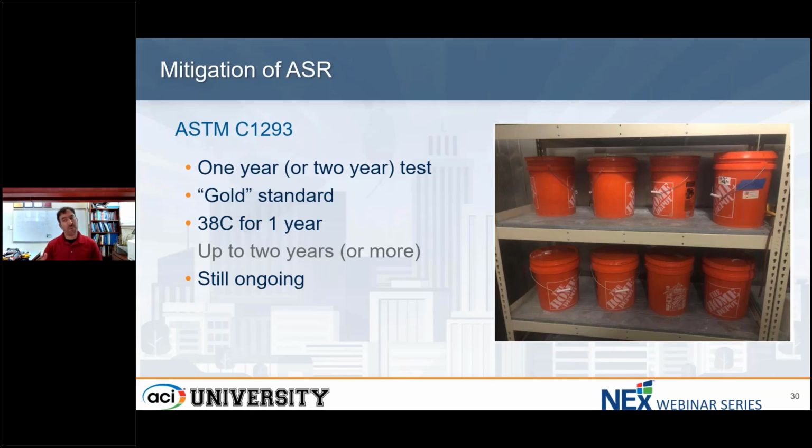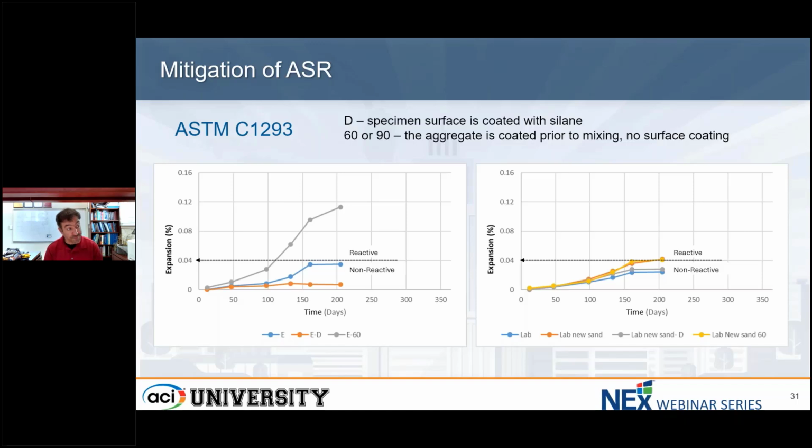Much more appropriate environmentally to simulate real-life conditions. It's only 38 degrees Celsius, and our research is still ongoing because this is a really long test. But I have the results up to date so that I can show you. And here's where we get into some crazy stuff. So on the left is our Job sand.